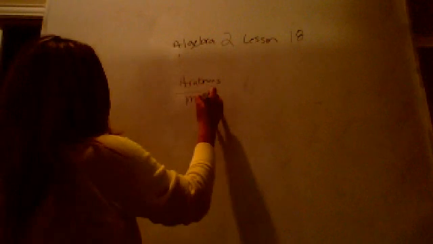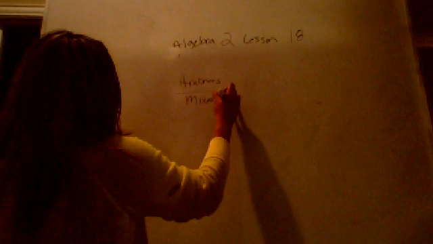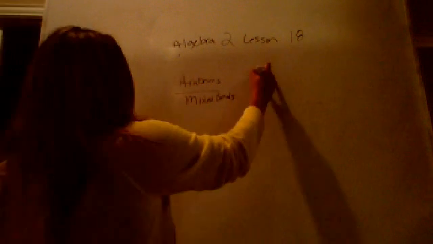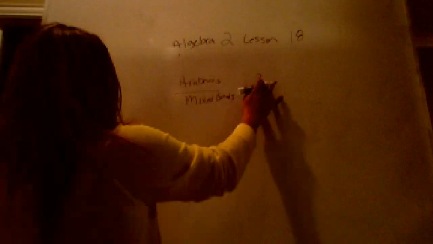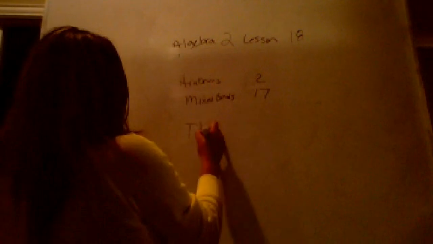The ratio of Arabians to mixed breed is 2 to 17. Yes? And we have a total of how many horses? 19.